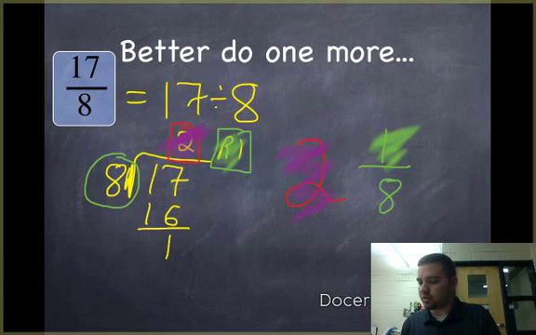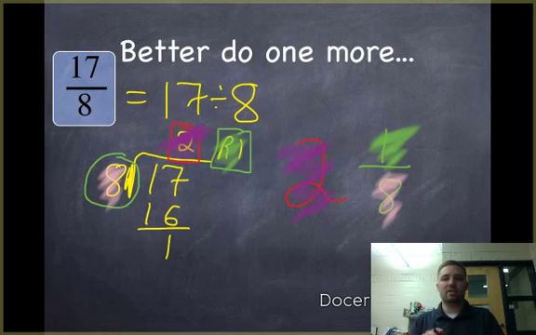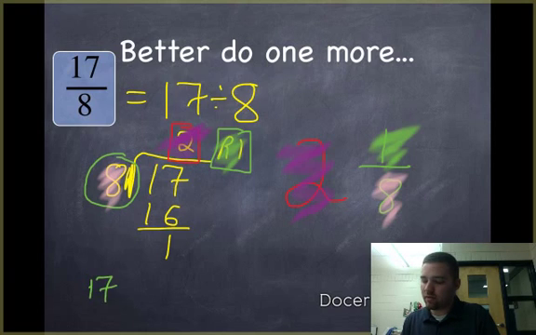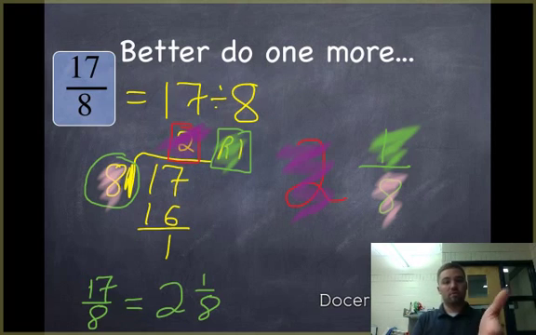And pink matches up with pink. So that's where everything goes in the mixed number. That'd be worth writing down, I think. In other words, summing up everything we said here, 17 over 8 is equal to 2 and 1/8. Those two, the improper fraction and the mixed number, are the same thing.